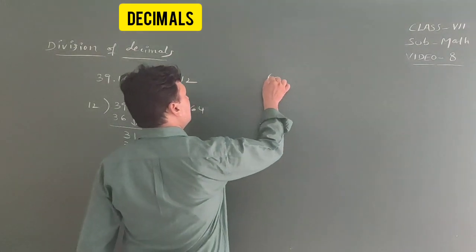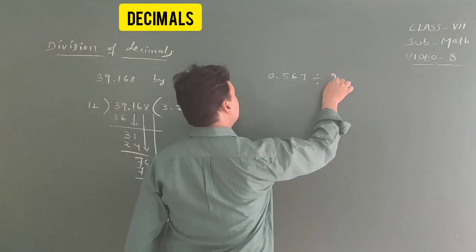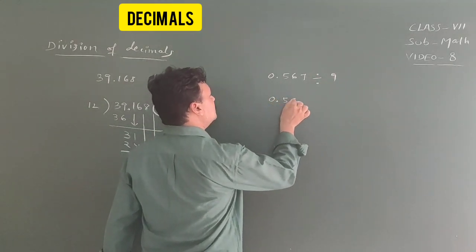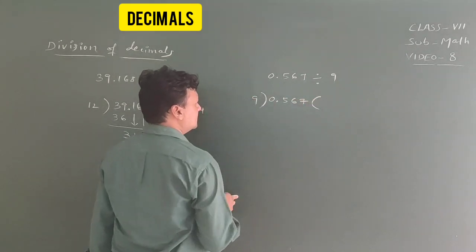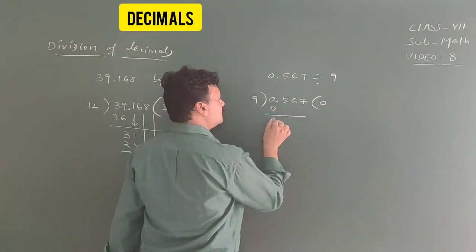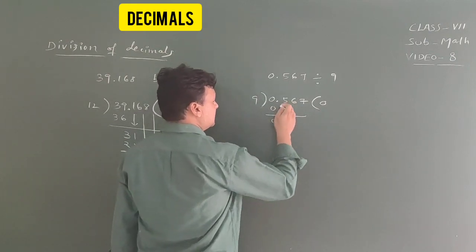Another example, 0.567 divided by 9. Here 0 is smaller than 9, so 0. 5 is also smaller than 9.